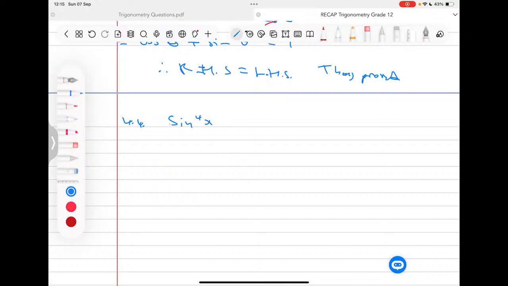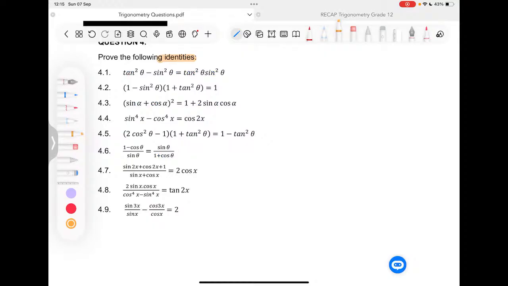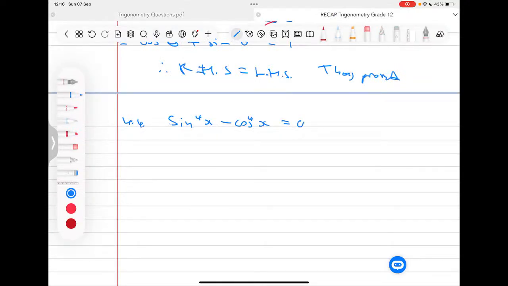So sine x to the power 4, that's how we would say it. Cos x to the power 4. And we are saying this is equal to cos 2x. So this is the same as cos 2x.